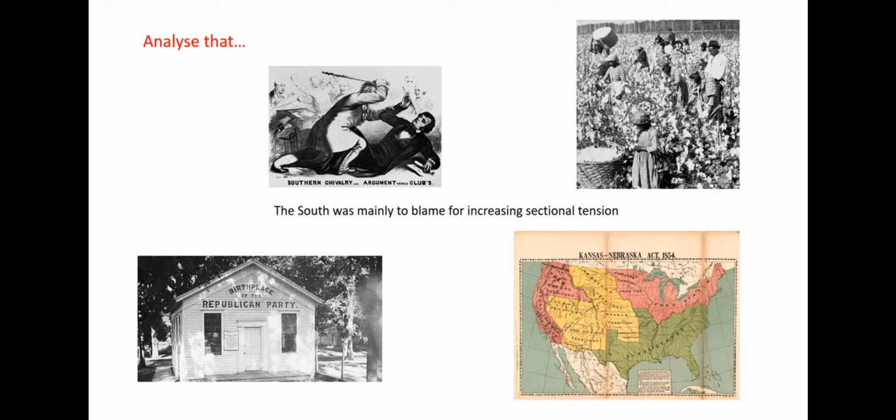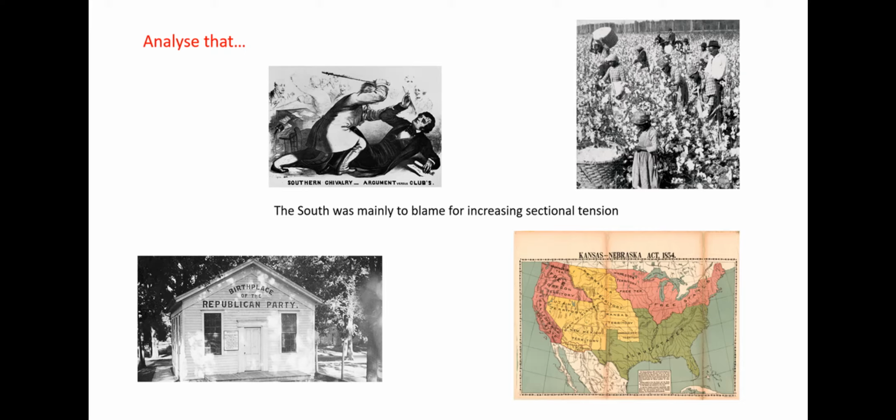and the Republican Party helped to politicize the slavery issue in order to gain traction in the North politically and in order to get elected, in order to fulfill their idea about what the future of America should look like. So the Republican Party were responsible for increasing sectional tension.